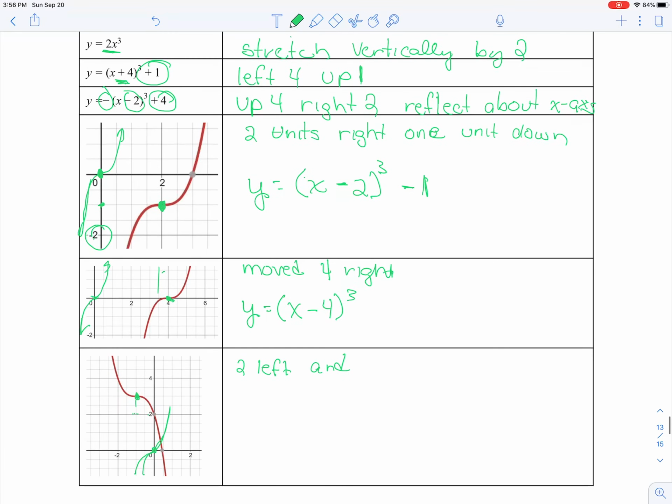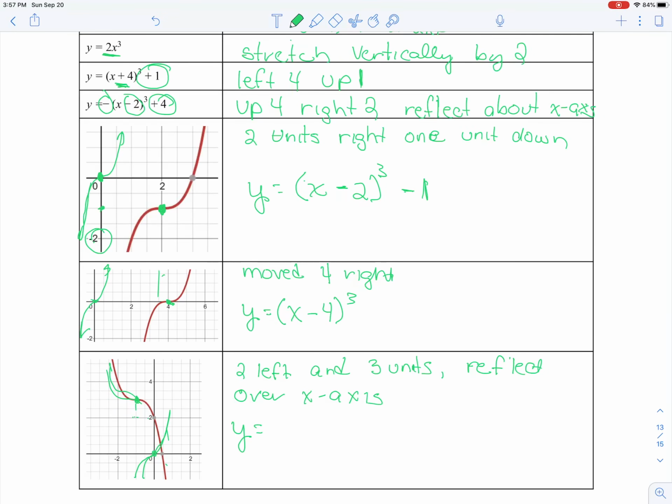And I did one other thing. Notice that the graph is no longer increasing, it's decreasing on its domain, so therefore I had to reflect it by negative 1. Reflect it over the x-axis, okay?